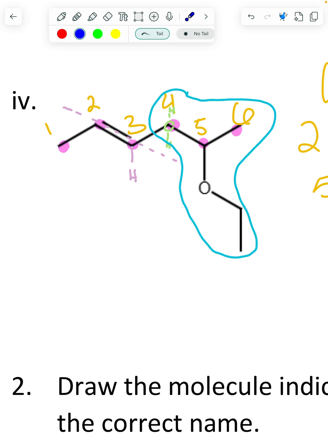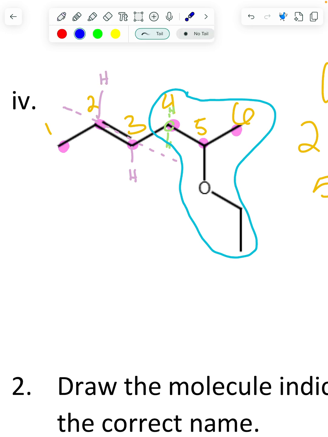Now, to find if we need to add this hydrogen above or below the dotted line, we're going to look at what's already bonded to this double bond. So we see this dotted line that I went through, and we see that we already have a bond below the dotted line. Therefore, we need to add a hydrogen above the dotted line. And that's how we know if it's above or below the dotted line.